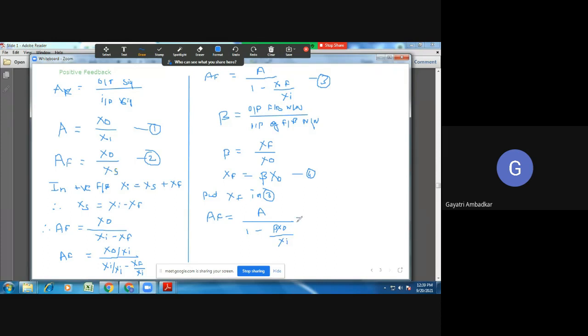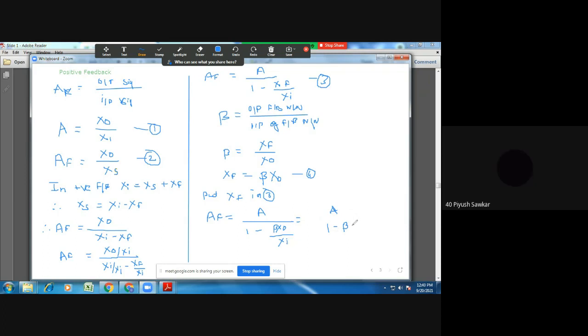I can simplify this as A upon 1 minus beta times XO by XI, and what is XO by XI?